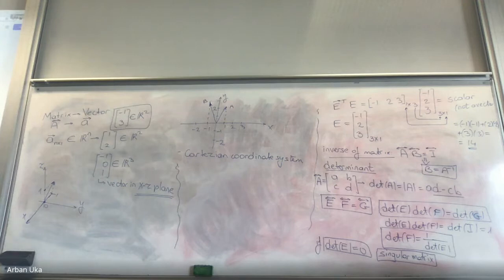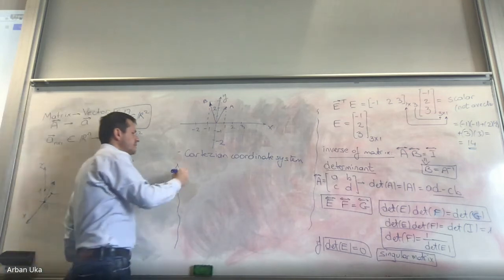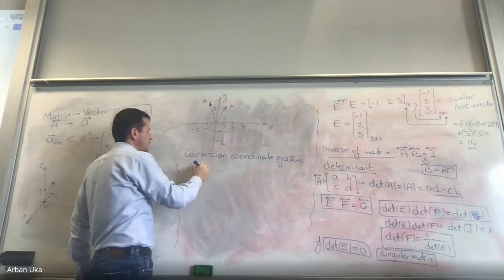Once we have these vectors, we can define some operations with them, and the simplest operation is that we can also add them. So we can define addition of vectors.